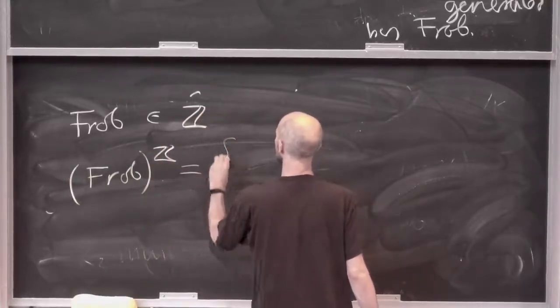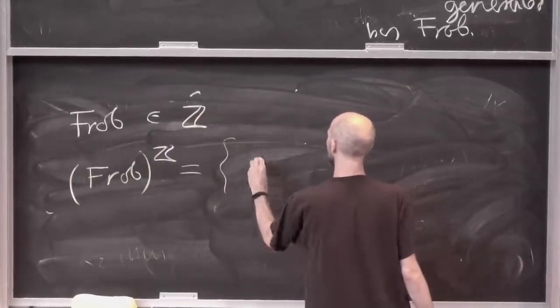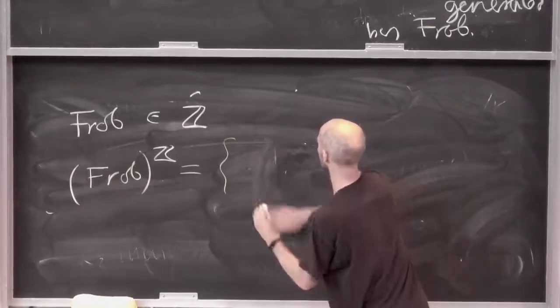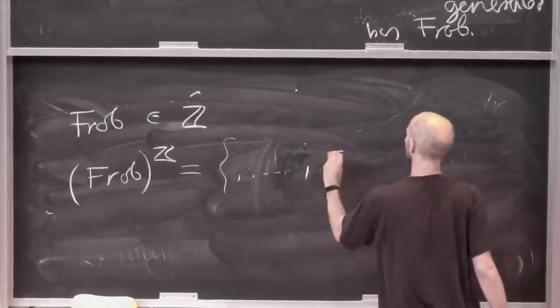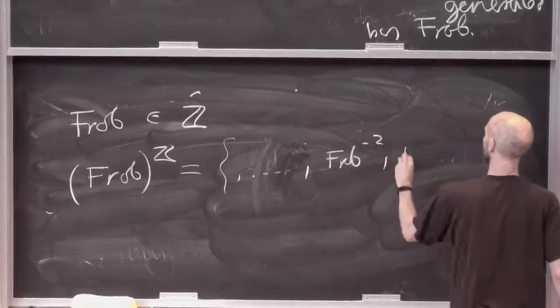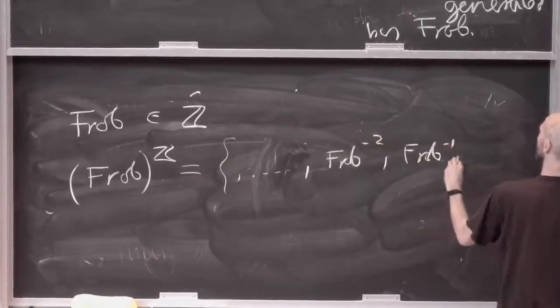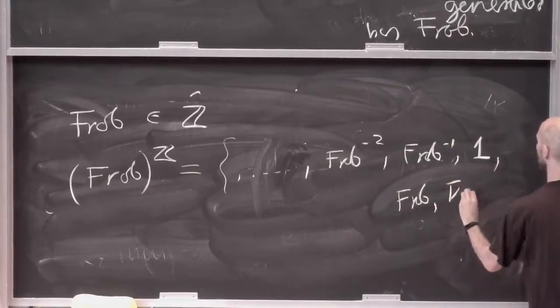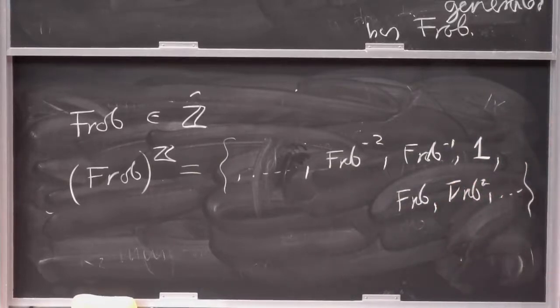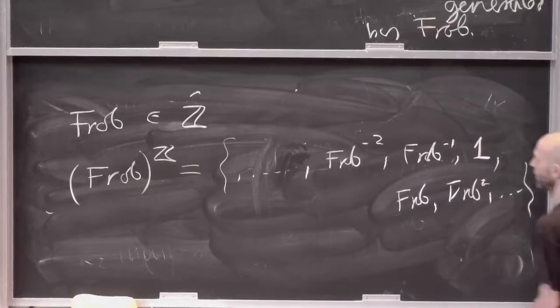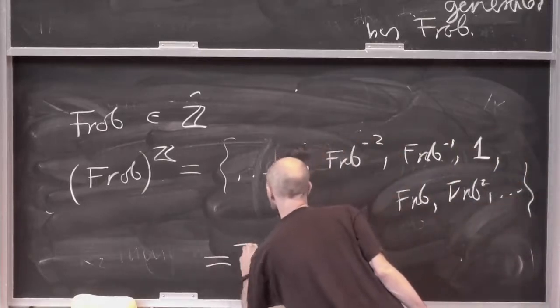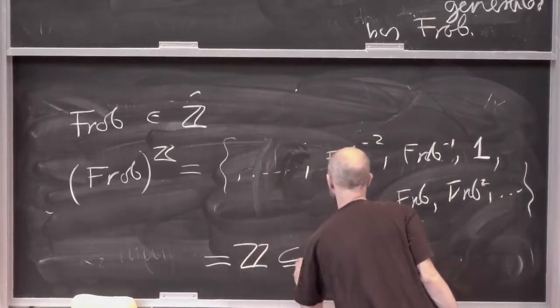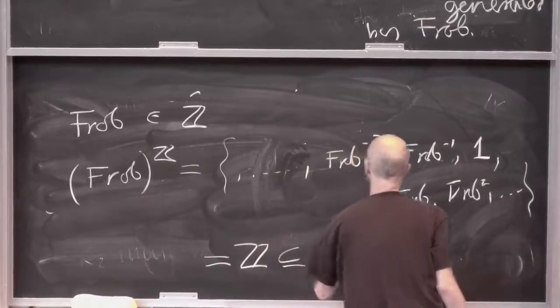So this is, whatever, the identity, Frob inverse, Frob to the -2, Frob to the -1, the identity, Frob, Frob squared. There. That's a group which is canonically isomorphic to Z, right?